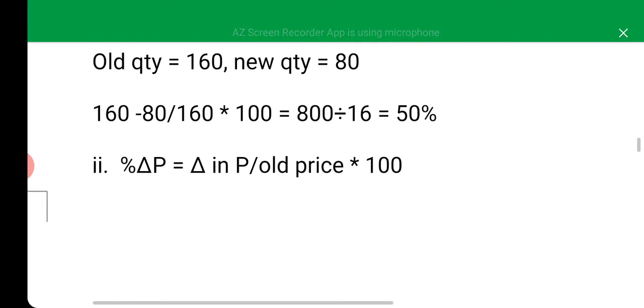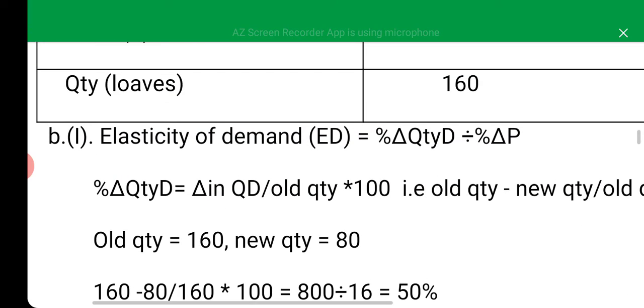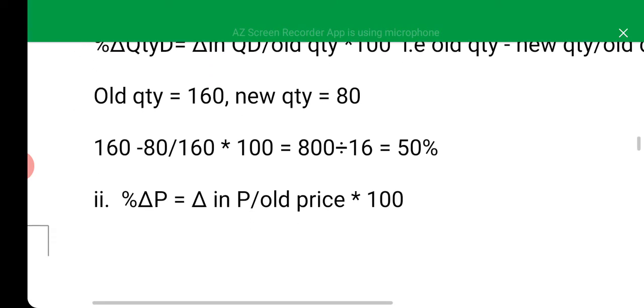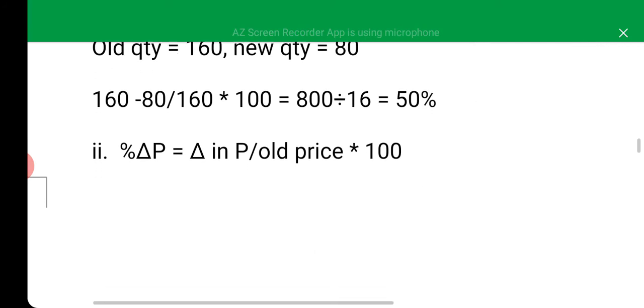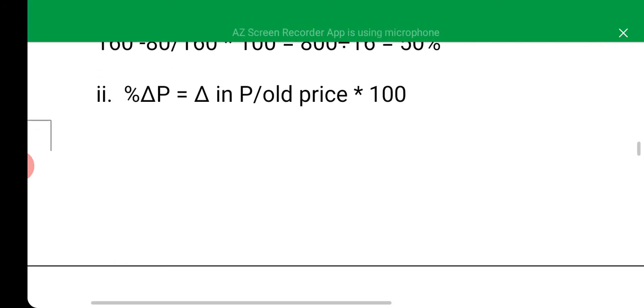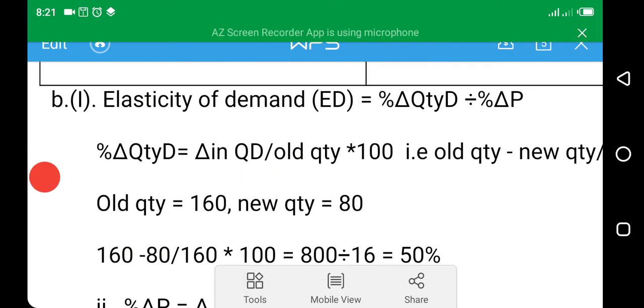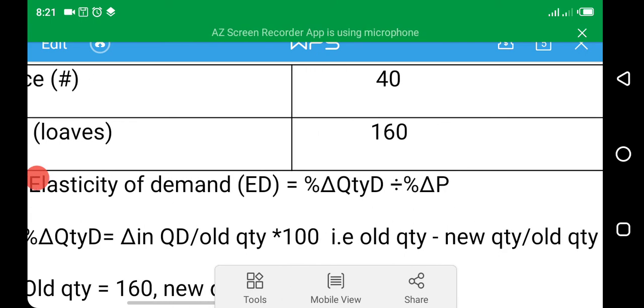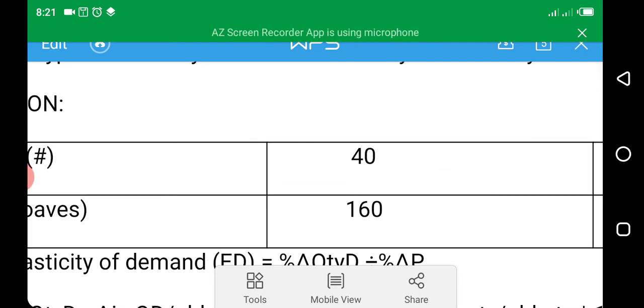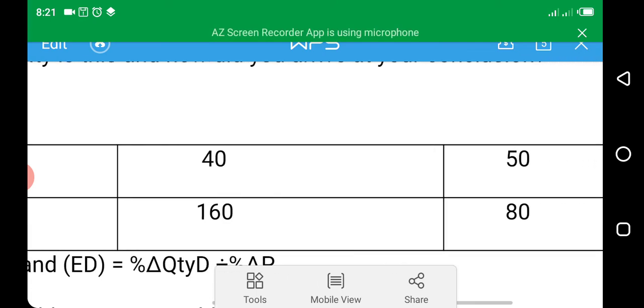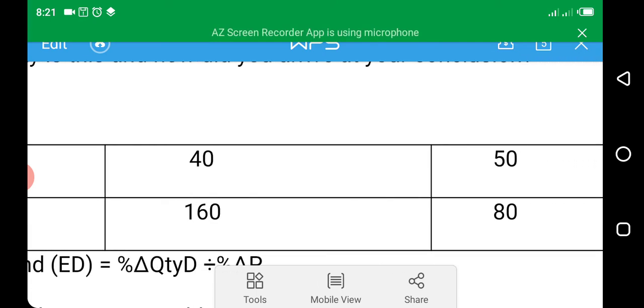So Roman figure 2 now, percentage change in price. As I've said earlier, the circumstances will determine the formula. As we can see, the old price is 40 and the new price is greater than the old price.